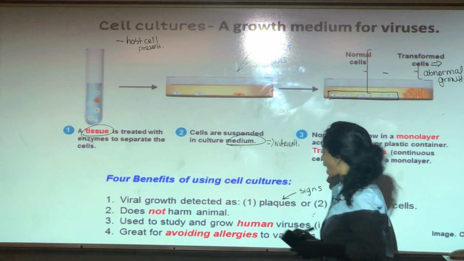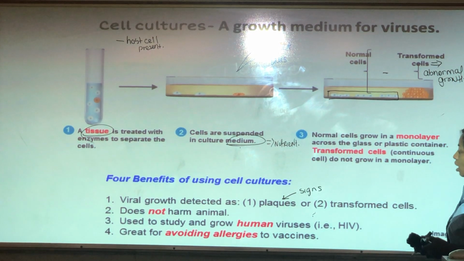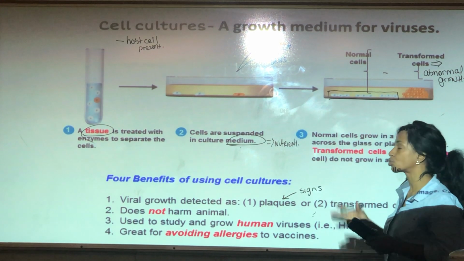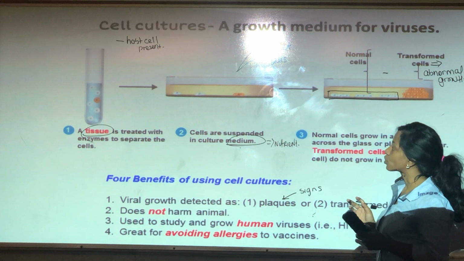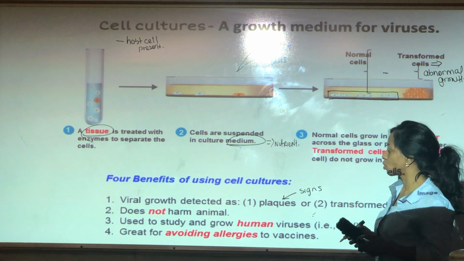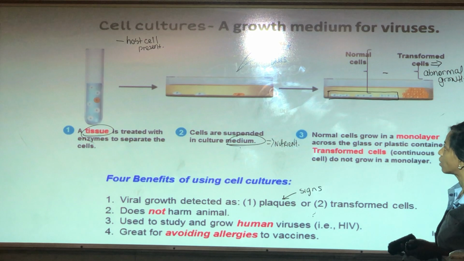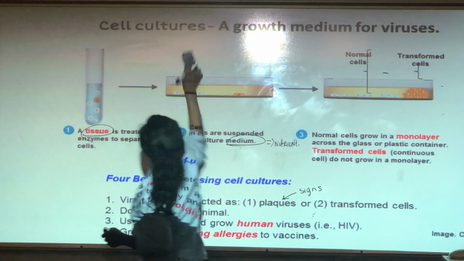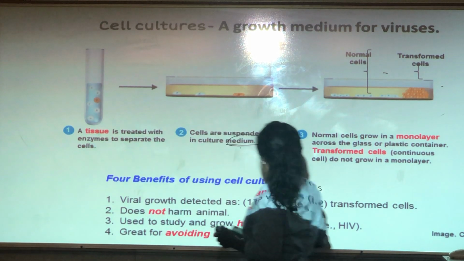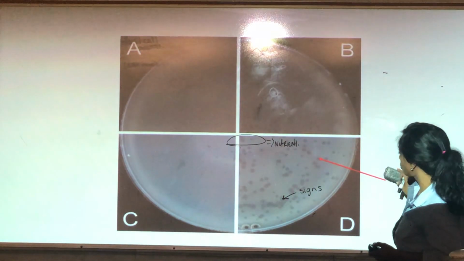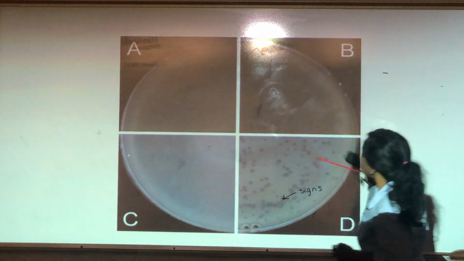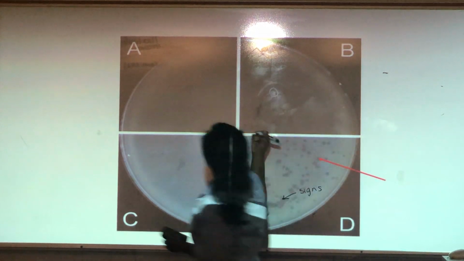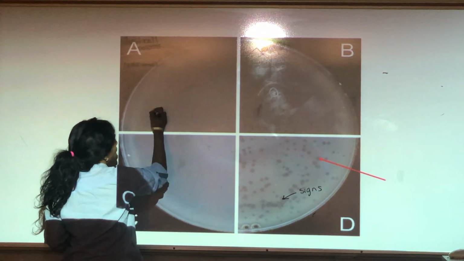So either we may see plaques, and what are plaques? When we inject the virus, so remember here we inject the actual virus so that way they can infect these whole cells and we'll see something. So the way how this will look, just to give you a picture of this, I'll go to the next screen, and you guys do not have this picture. But what the plaques look like, if you could see it here, is that if we didn't have any virus, we would see something like this, all right?